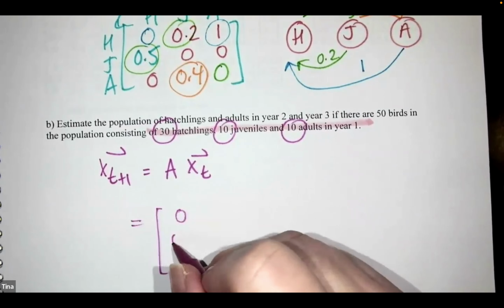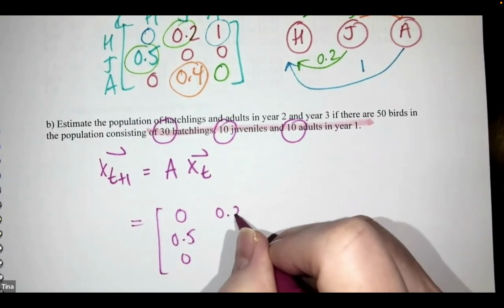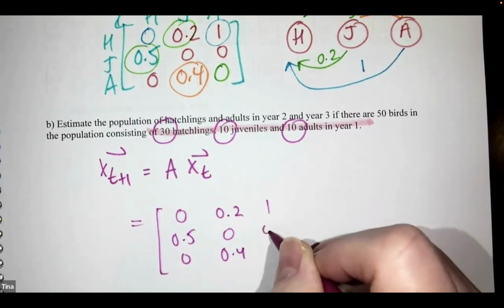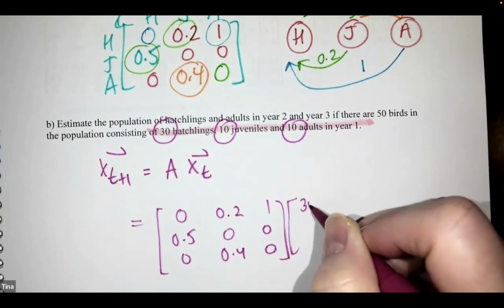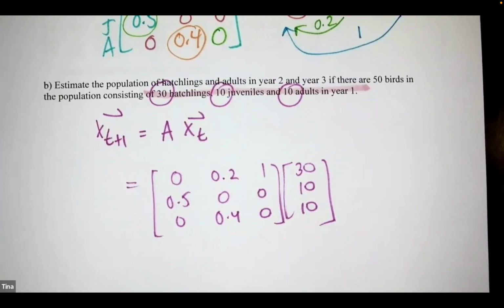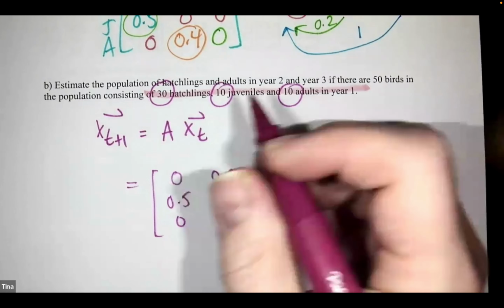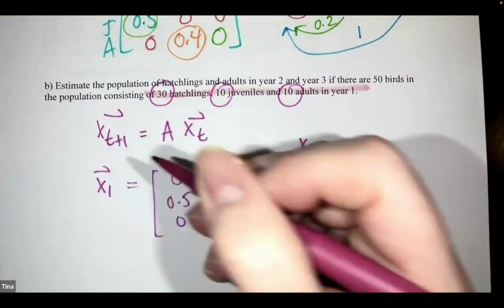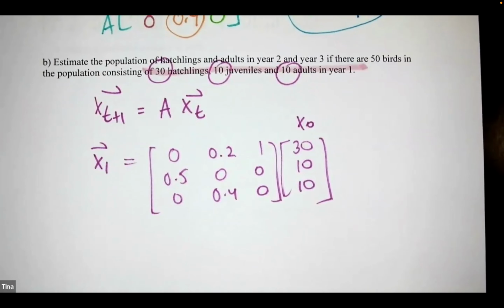So if I have this matrix, again, if you don't want to do the product, you can do it the long way like I did in the first one. It's just going to be a lot more work, right? So this is like our x naught, and this is like our x1, right?